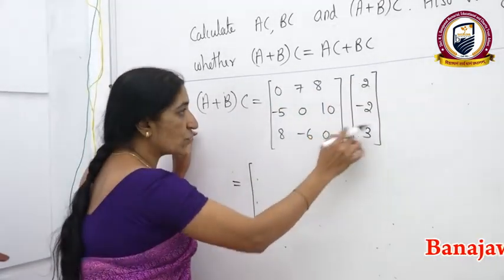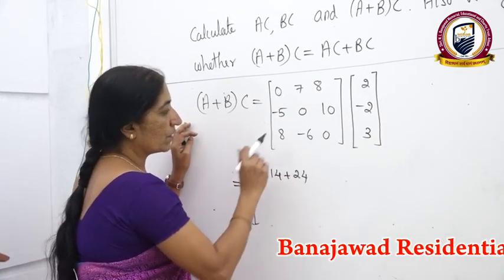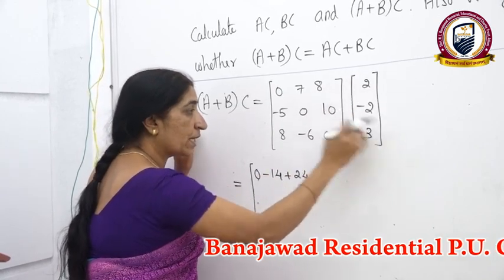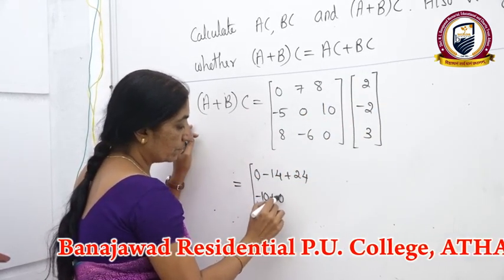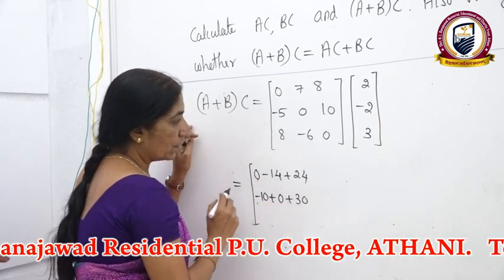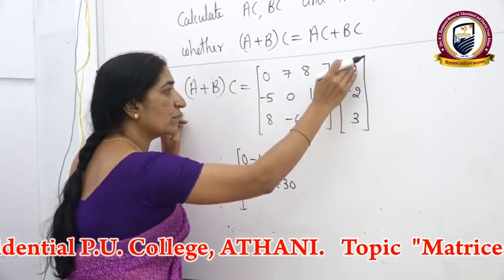First row with first column. Second row with second column. Second row with first column. Then we don't have a next column, so no need to write the next one. Third row with first column.